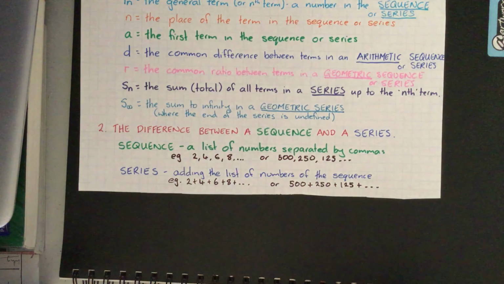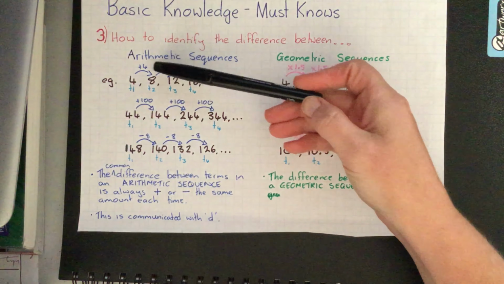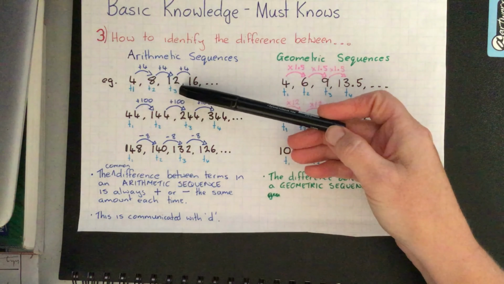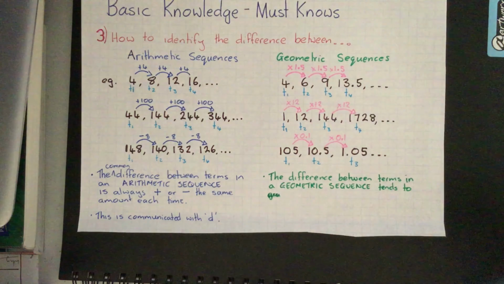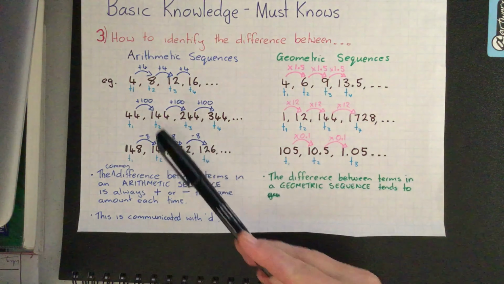Our third must know is being able to tell the difference between an arithmetic and a geometric sequence. An arithmetic sequence, as I hinted earlier, is defined by the variable d, and it is found by looking at the terms in order and checking that the difference between them is the same value every time, and it's increasing using addition or subtraction, as you can see in these examples.